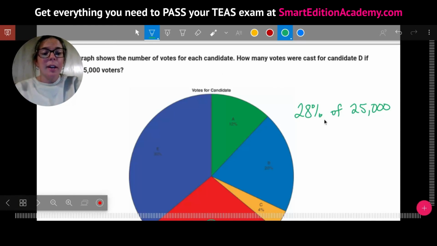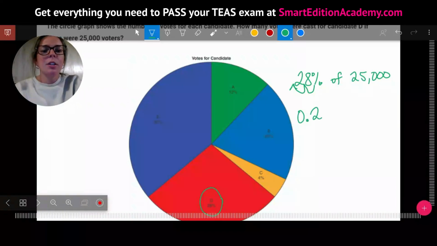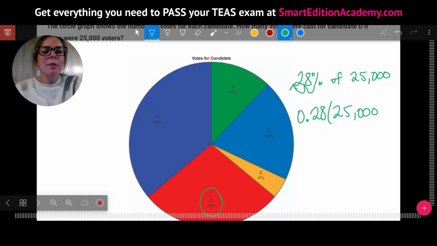Okay, so again, in order to figure out questions like this, we need to turn our percent into a decimal. So we swoop the decimal to the left twice. We basically just have to multiply 0.28 times 25,000. So go ahead and plug that in your calculator. Feel free to drop it in the chat if you think you've got it.